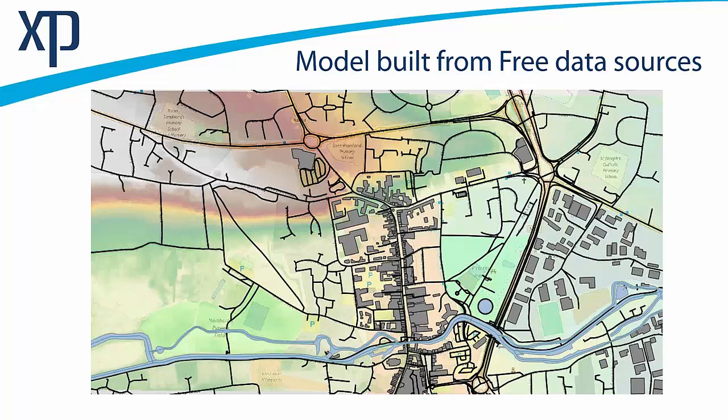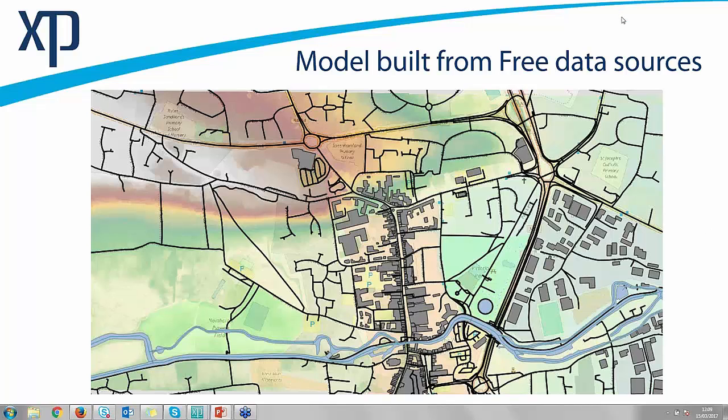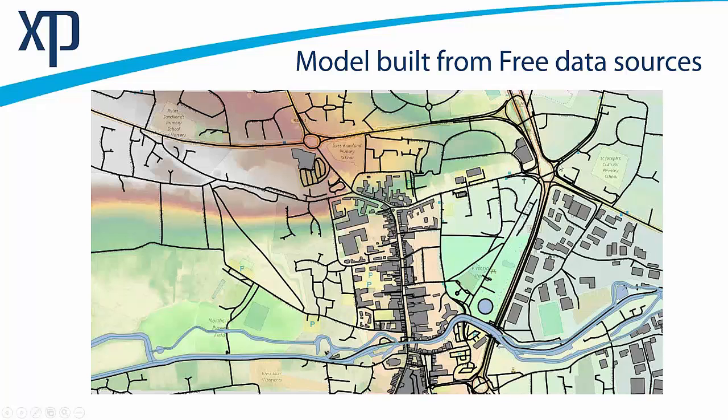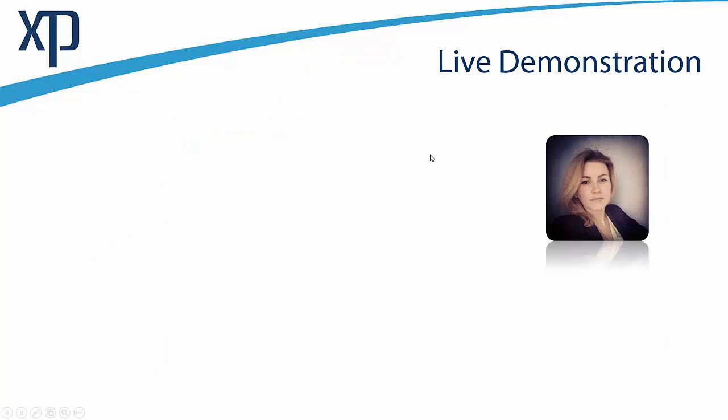We can add in the land usages, incorporating buildings, incorporating roads, what the different land use is in terms of the crops, etc. So we can build up a detailed picture of a model, and then we can apply rainfall onto grids or generate hydrographs to generate flows of water within river systems, drainage networks, whatever you may have to hand, and show how we can work on probably the flood risk assessments and drainage assessments at the beginning of a development project. So without further ado, I'll hand over to Ludmila and show the live demonstration, Ludi.